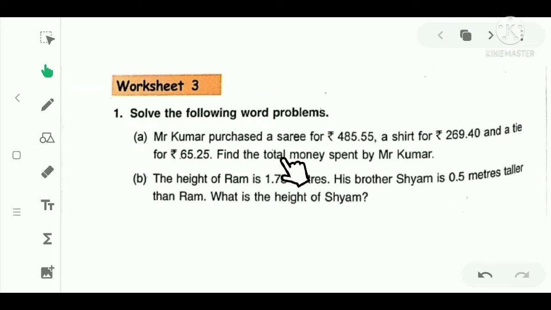So you all know that whenever we want to find the total money, then we have to do addition. So if we add cost of sari, cost of shirt and cost of tie, then we can get the total money spent by Mr. Kumar. So let's write the statement.